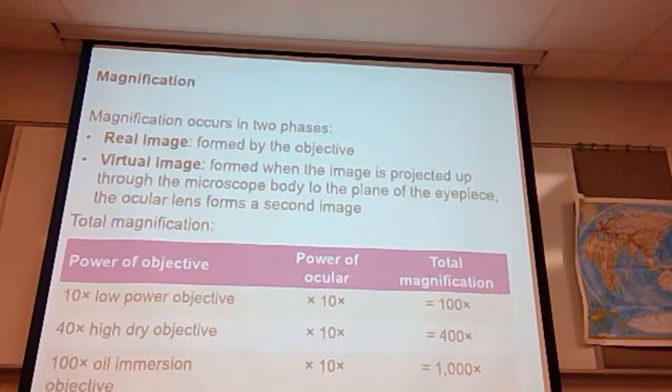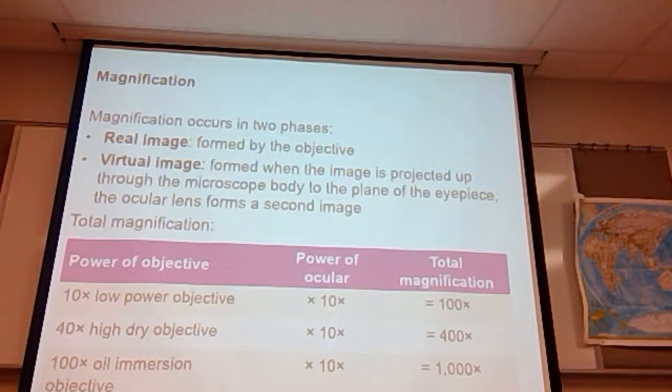It is a general rule that the eyepiece almost always has a factor of 10. I worked with some microscopes over at UALR a number of years ago that actually had an ocular magnification of 13. Those are the only ones of those I've ever really seen. It's usually 10.